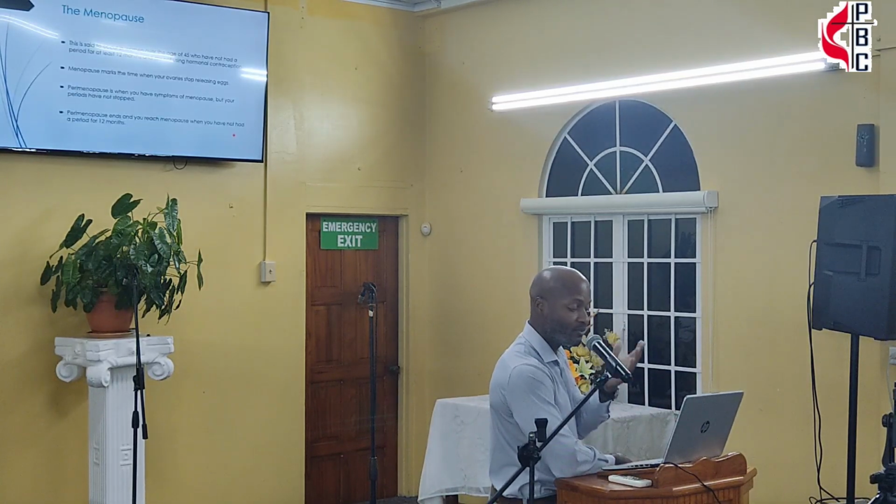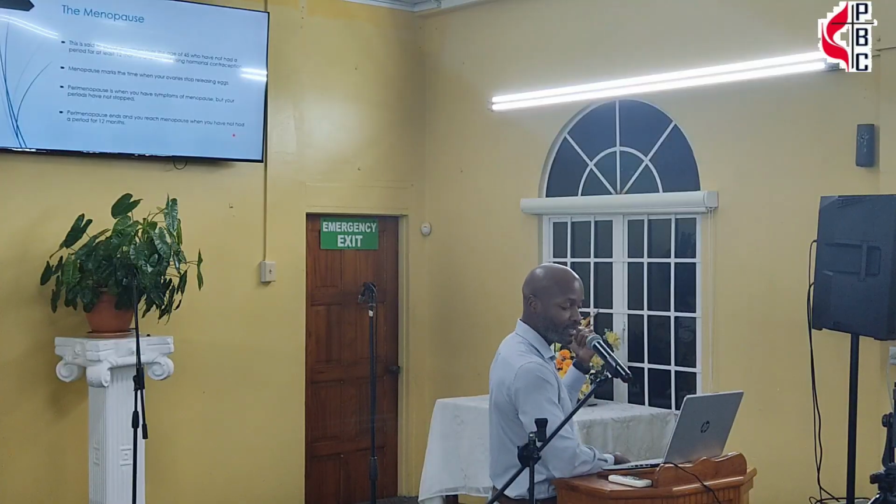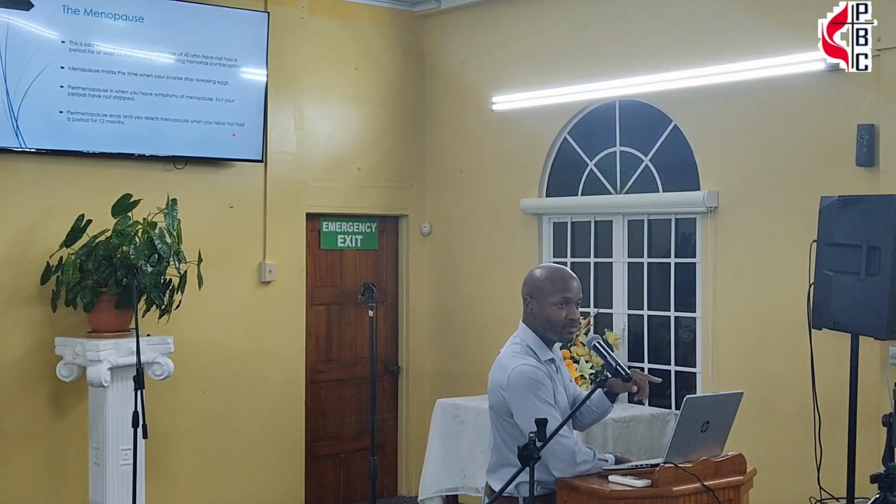We'll talk a bit about the symptoms, or you could correct my slide if you see anything else that I missed out. And the perimenopause ends, and you reach the menopause, when you have not had a period for 12 months. This is an important topic, because in the perimenopause, we don't want women to be saying, oh, well, I'm going through the perimenopause and this bleeding is normal.